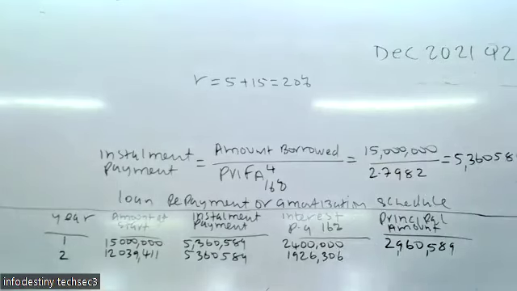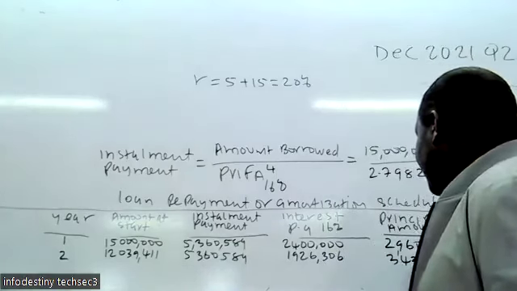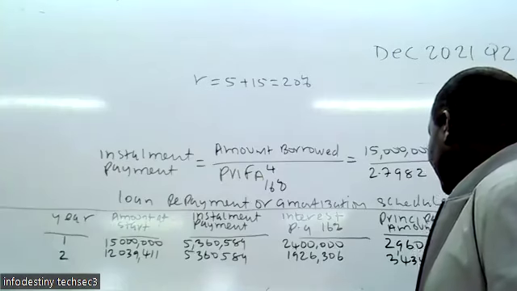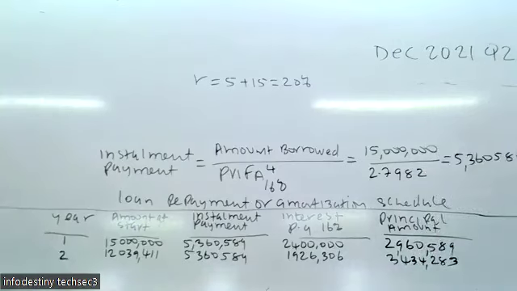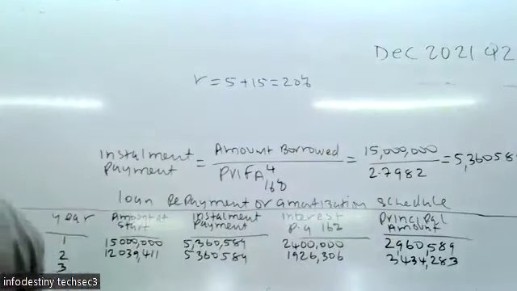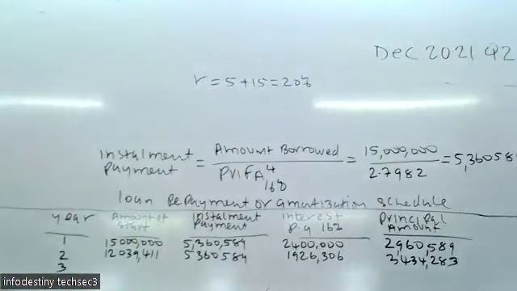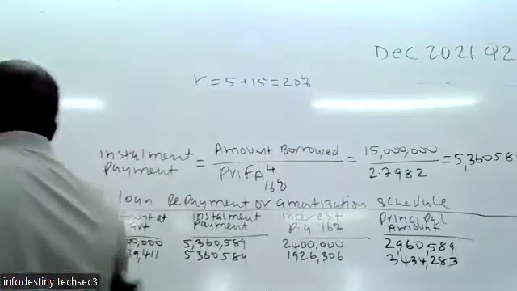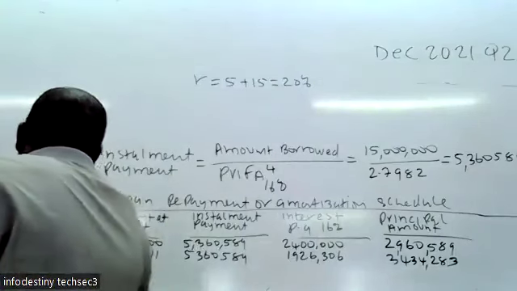So subtract interest from the installment to get the principal amount. 400 289. So subtract that same figure from this. Get the value at the start of year 3. 86.5.